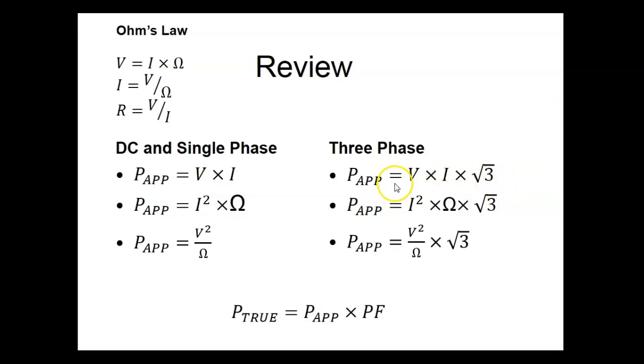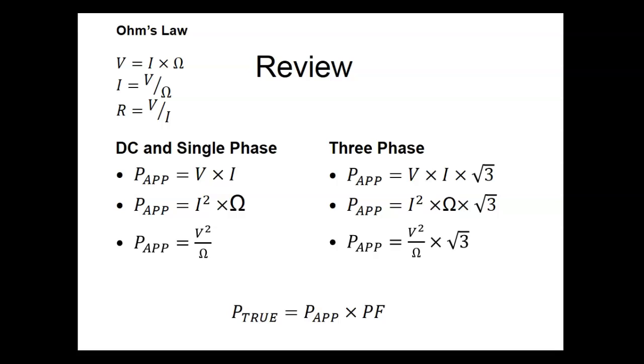So here are your power formulas for three-phase. It's V times I. So if you measure the voltage on one of your three-phase conductors, multiply it by the current in that conductor, then you would multiply it by the square root of 3, which is 1.75. And that would give you the actual power being transmitted on all three phases.